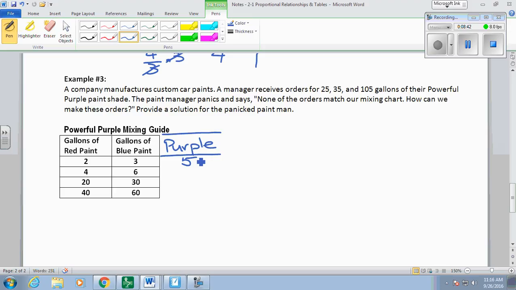The next one would be that there were 10 gallons produced. The next one would be 50 gallons produced. And the last one would be 100 gallons that were produced. The numbers that they are giving us up here is the total. So those numbers, if I was to continue my chart, would go in the purple section of this. Let me just move this up a little bit more.